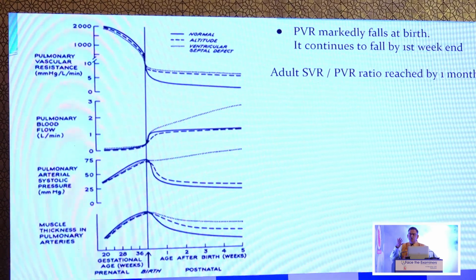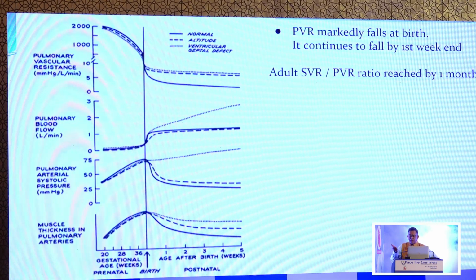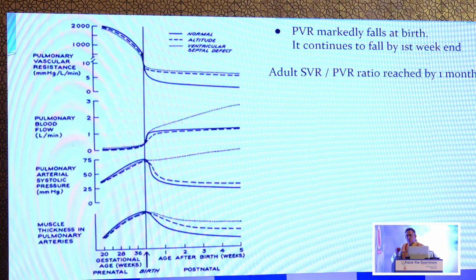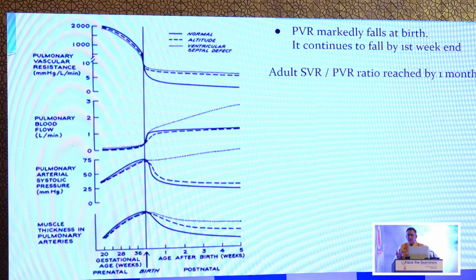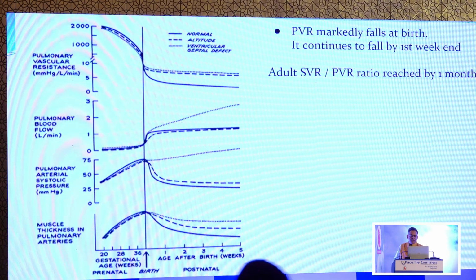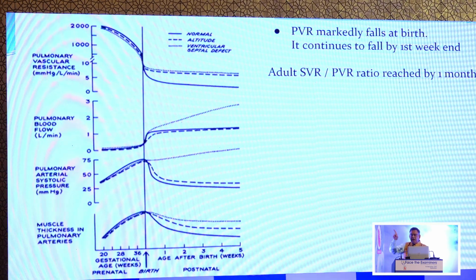It takes about a week's time. That is why as the fluid gets absorbed, the gaseous exchange is more, the alveoli are augmented, and PVR keeps on going down even at 1 week. So the adult SVR to PVR ratio is maintained, not at birth, but at the end of 1 month. The ratio, but see here, the PVR is still falling.